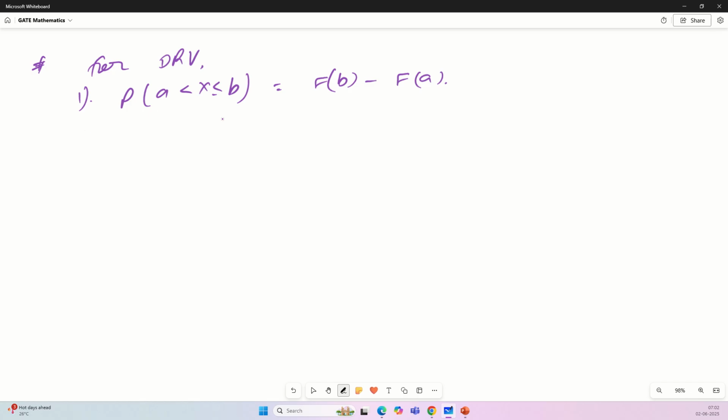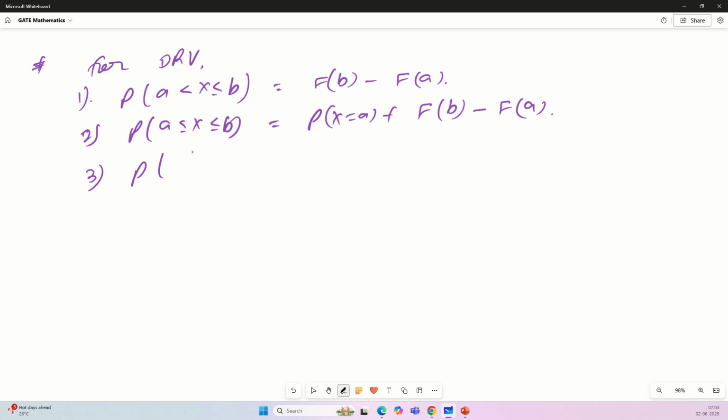Similar to that, probability of a less than or equal to x and x less than or equal to b will also be the same, which is going to be probability of x equal to a plus cumulative probability function at b minus cumulative probability function at a. And if you represent it like this, let us say probability of a less than x less than b, I want to find out. So what will happen?